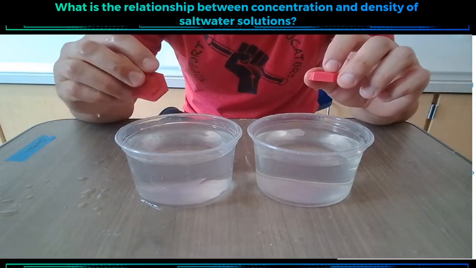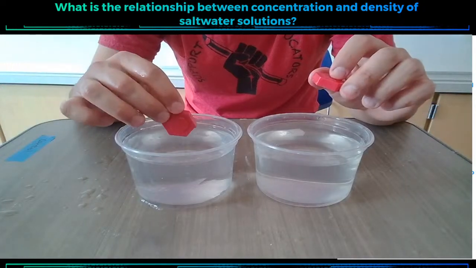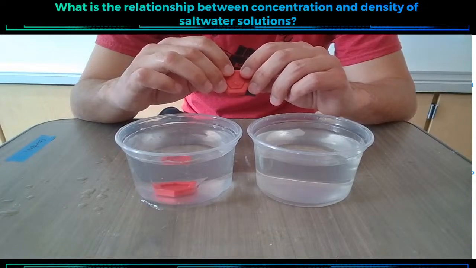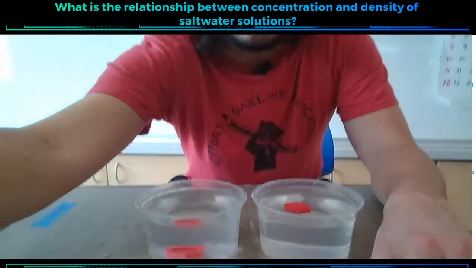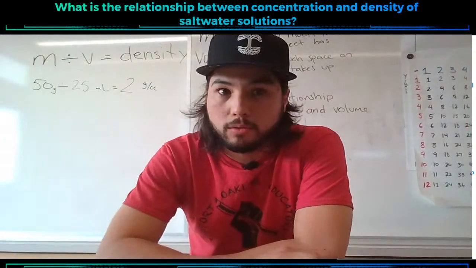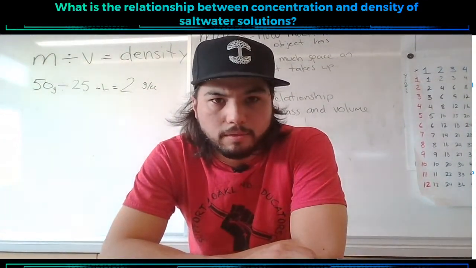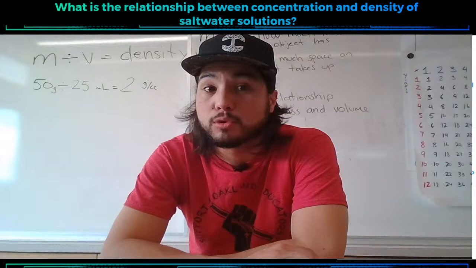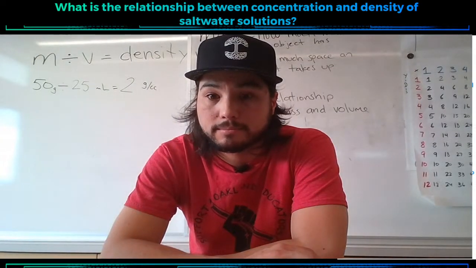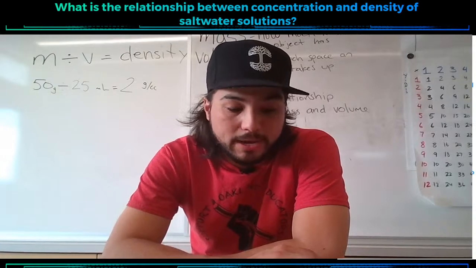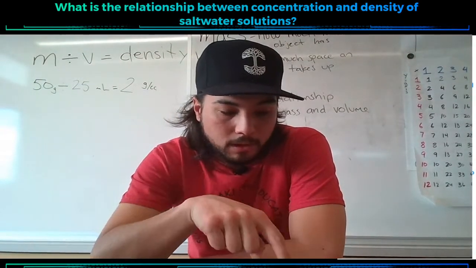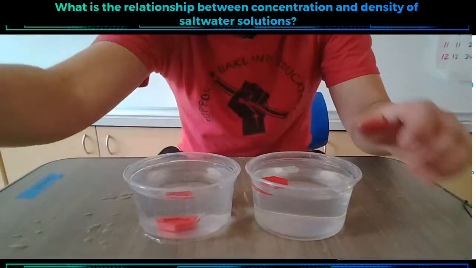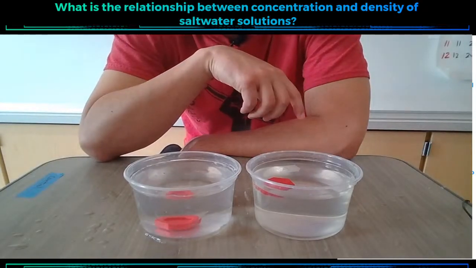By adding salt, and we saw this when we found the mass of our different salt concentrations, the more salt we added, or the more concentrated our solution is, the more mass it has. And the more mass it has, it means the more dense it is. Okay? So we've now found a spot where our 5 gram hexagon is less dense than the saltwater solution, so it'll float.